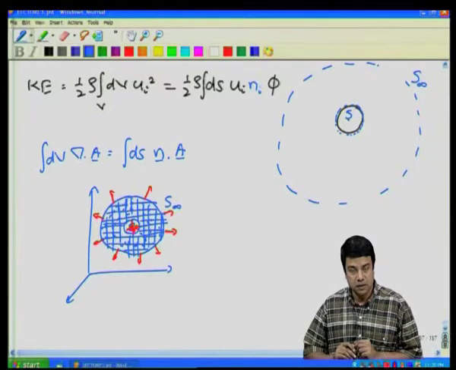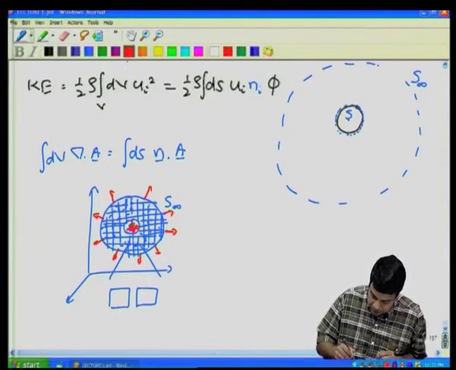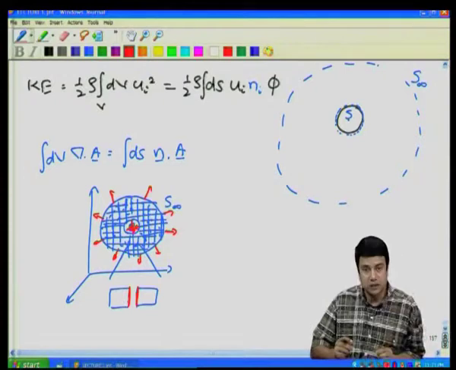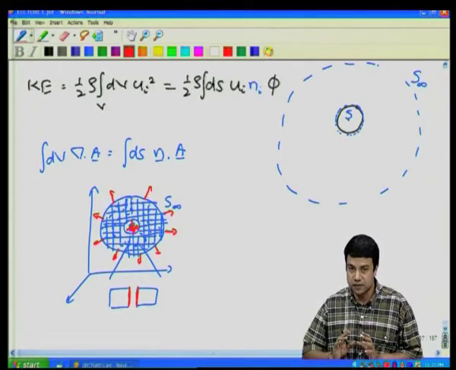What you will find is that for two volumes that are adjacent to each other, those that have a common surface, this integral will cancel out. It will not cancel out when the surface is actually bounding the volume.